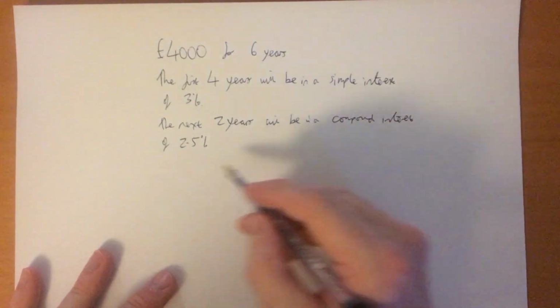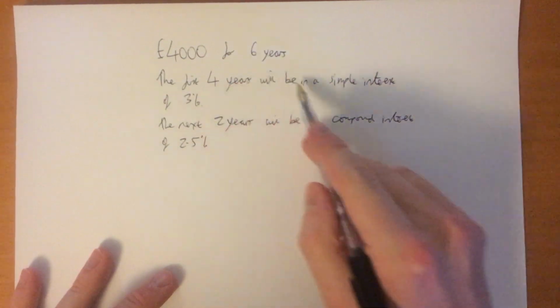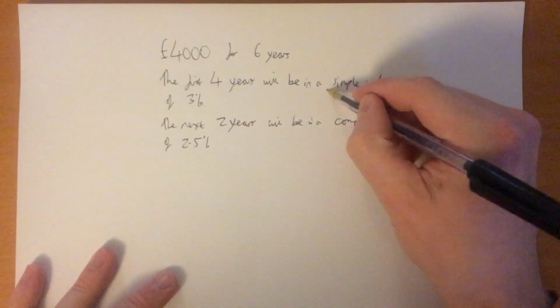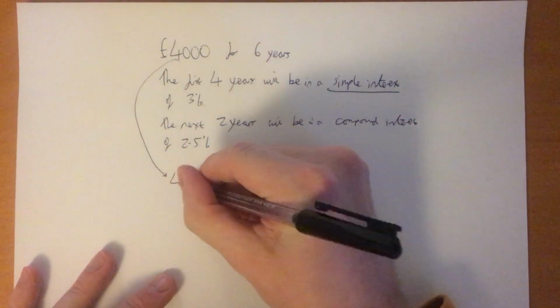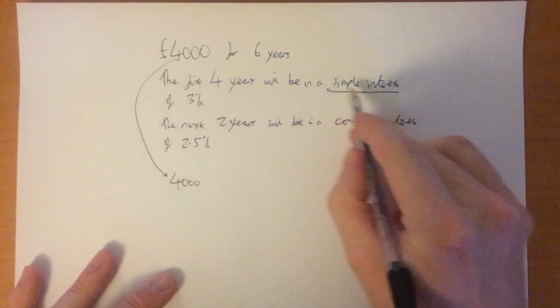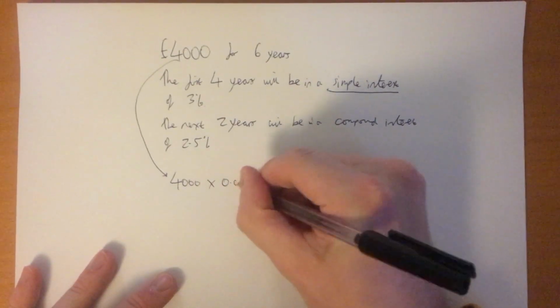So in this situation here, you'd go, right, let me just deal with the first 4 years first. That is simple interest, right? So we'd bring that down and we'd say, okay, £4,000 and it's 3% for the first 4 years for simple, so times 0.03.